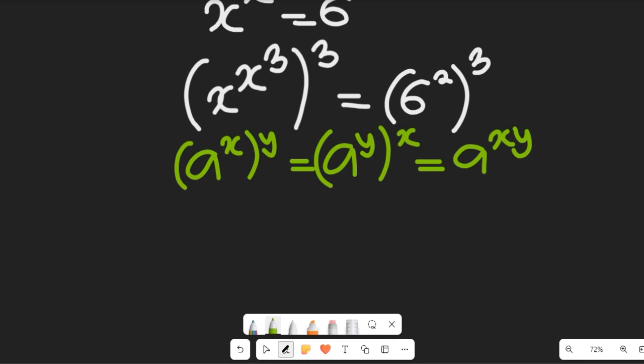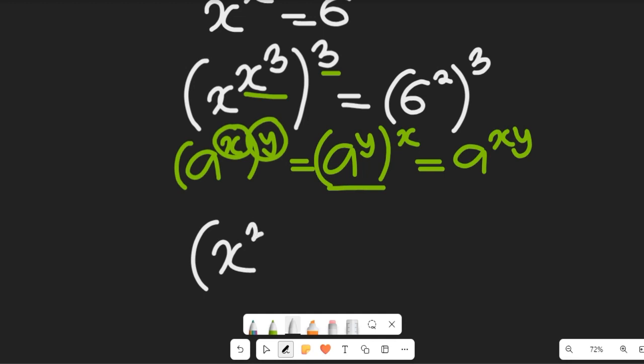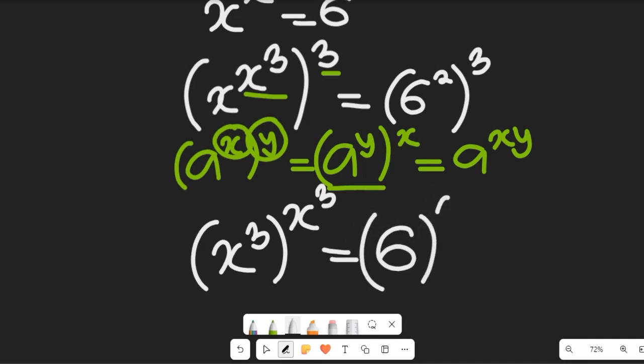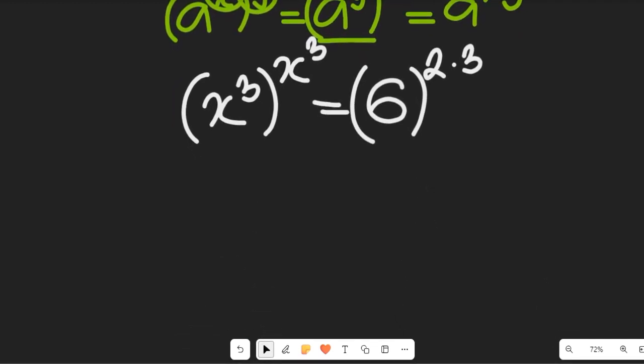So if we apply this over here, if we invert it, that expression will now give us x to the power of 3 all to the power of x to the power of 3, because the external power now becomes the internal power, and the internal power now becomes the external power, and this will be equal to 6 to the power of 2 multiplied by 3.